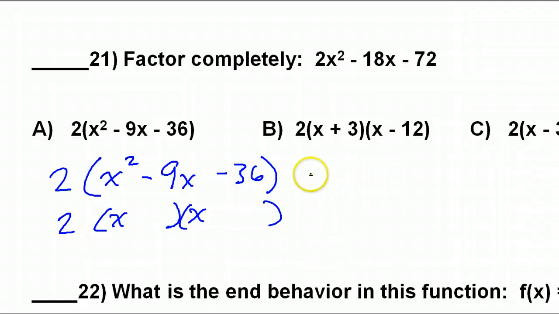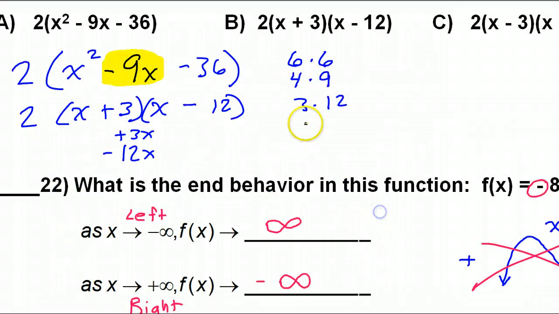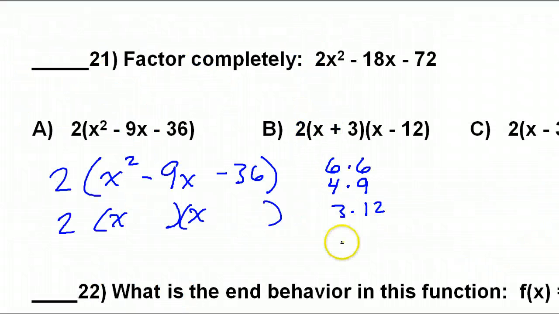36 has many possibilities. It could be 6 times 6, or it could be 4 times 9, or it could be 3 times 12, or it could be 2 times 18, or it could be 1 times 36.